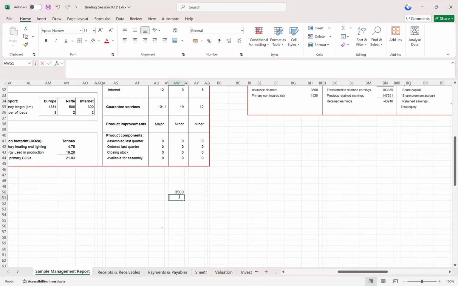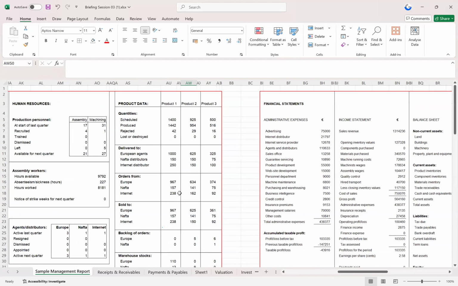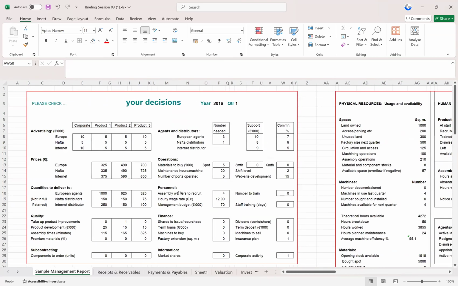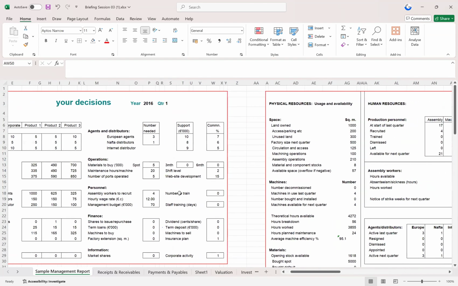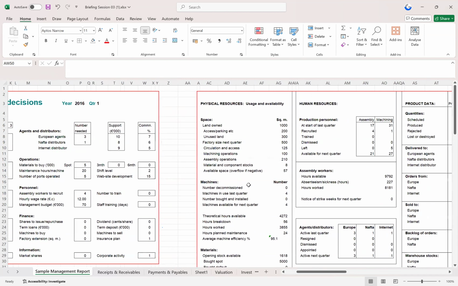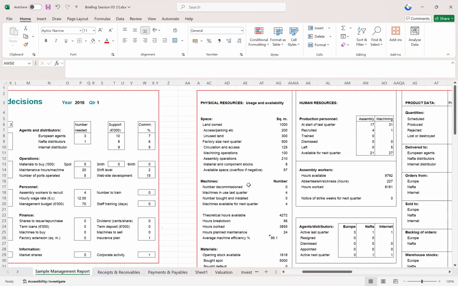So 3,500 multiplied by 4 quarters, this 14,000 also needs to be added there. But it depends on scenario to scenario, because in the last scenario, when we gave you such a deteriorating company with a very low efficiency, the calculation would have made sense to sell off the machine.